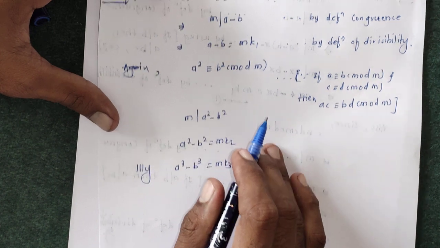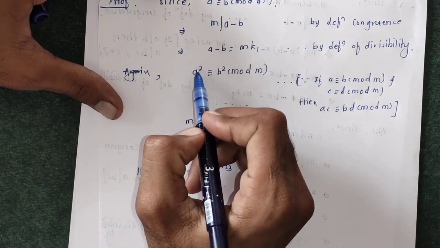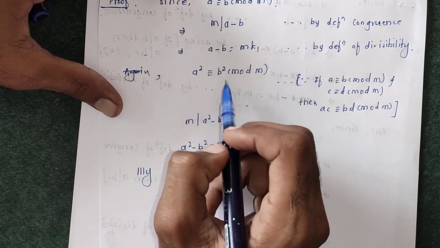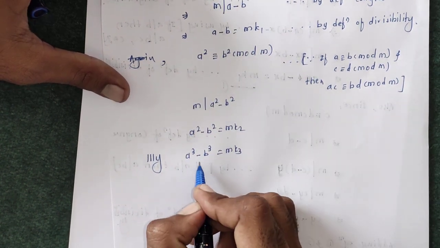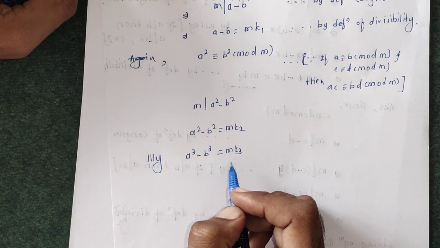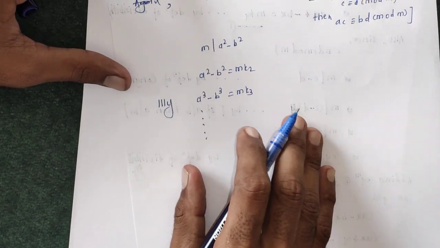Again, here we get a square is congruent to b square mod m and a is congruent to b mod m. Multiplying these two, a square times a is congruent to b square times b, that is b cube, under modulo m. So a cube minus b cube is equal to m times some k3, and so on up to n terms.